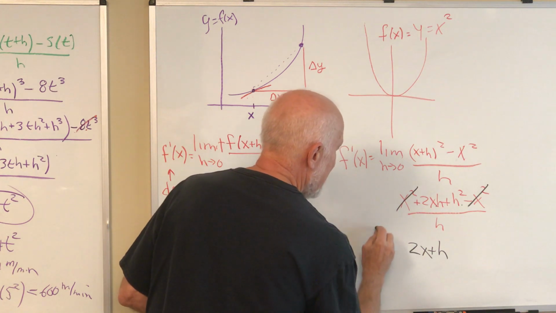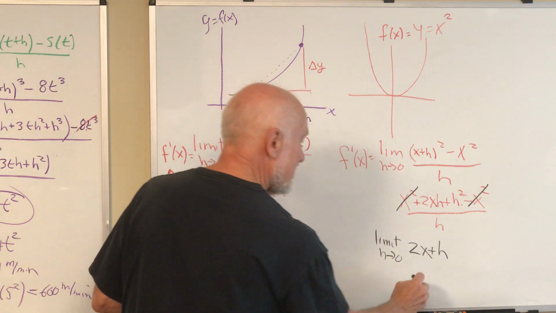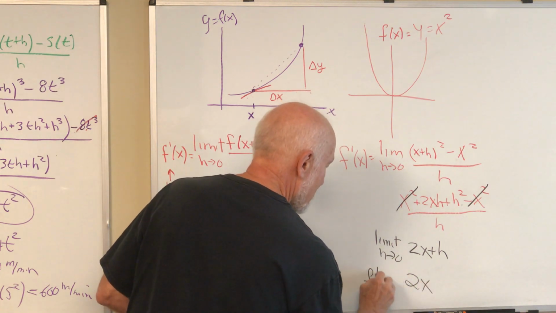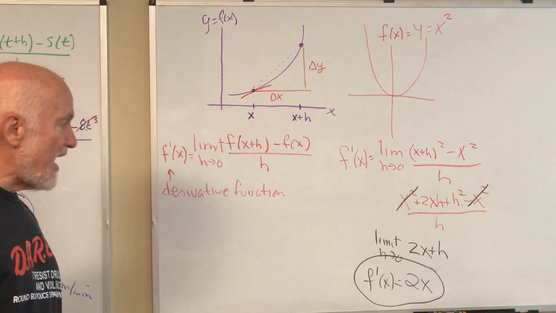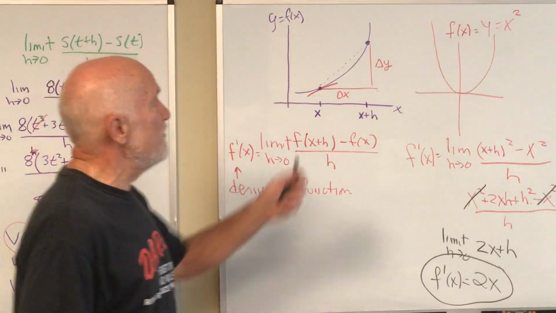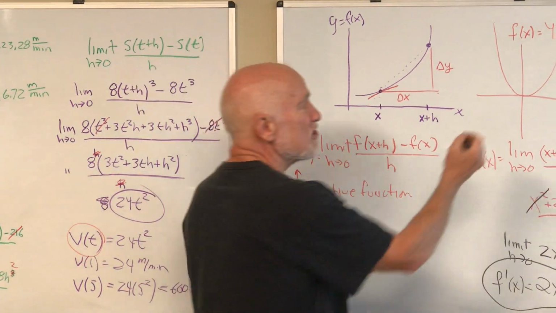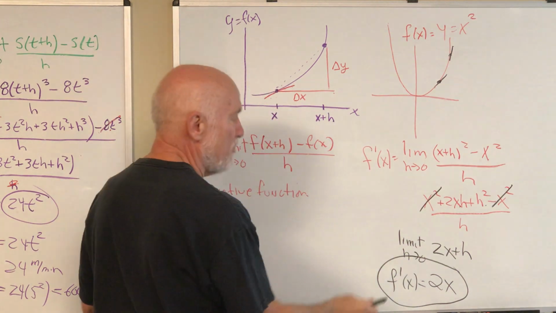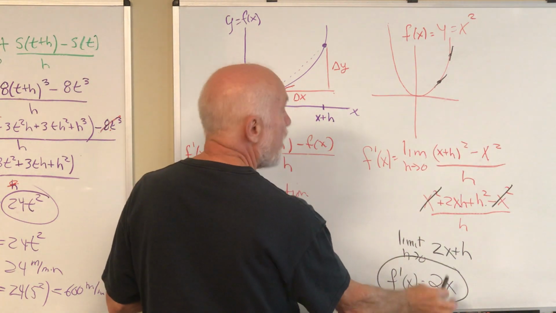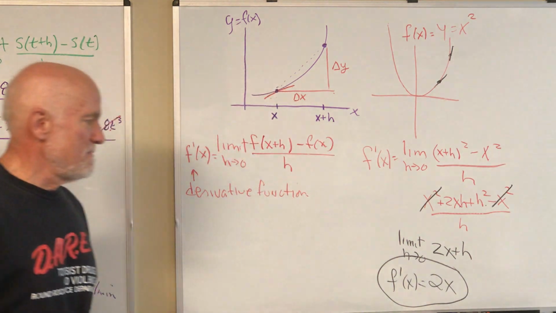And if I then take the limit as h approaches 0, I get 2x. And guess what? We have found the derivative function for the function f of x equals x squared, which gives us the slope of this curve at any point. So if I plugged in x equals 4, I would see the slope there is 8.